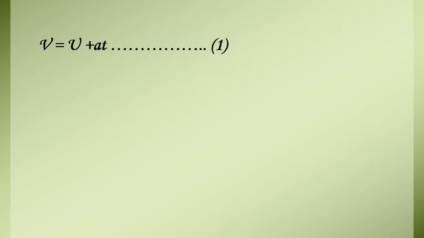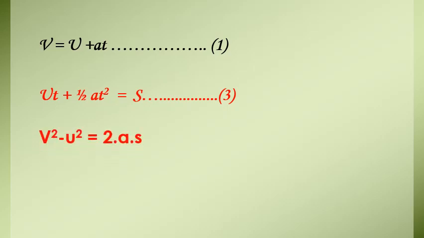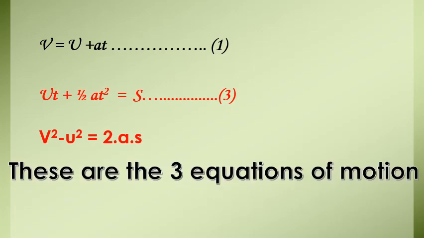When you transpose, the first equation you get is v is equal to u plus at, the first equation of motion. Then the second equation is s is equal to ut plus half at square, and the third equation is v square minus u square is equal to 2 into a into s.